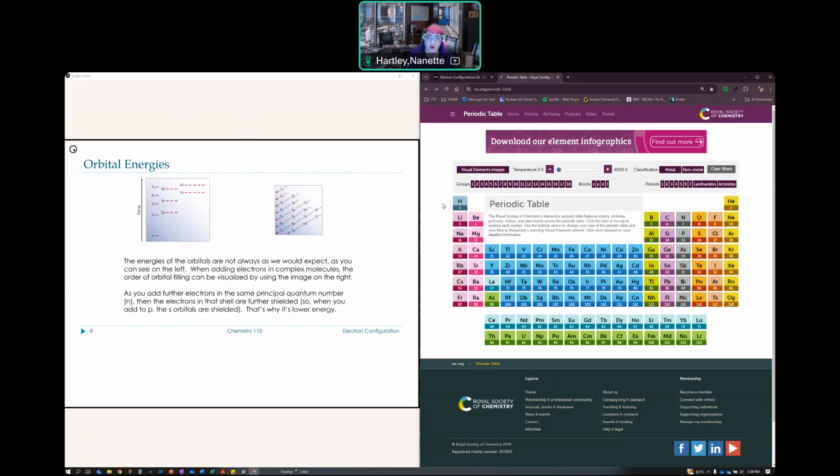So an s orbital is really easy to fill because it's automatically half full or full, depending on how many electrons we put in it. When we get to the p's, we have to have 6 total electrons to fill those. So it's a little harder to do, and that's why there's more energy involved. We get some stability when we have 3 of them in there, and then more when there's 6.